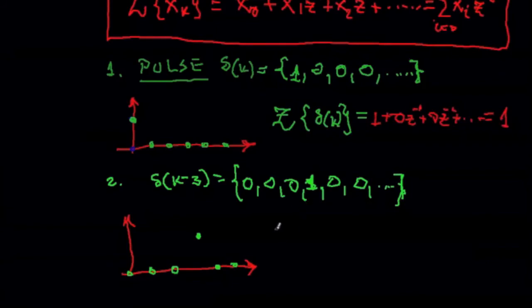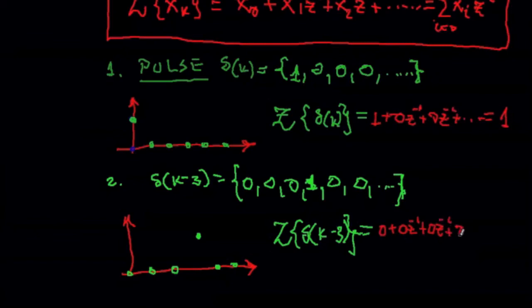Therefore, the Z-transform of delta k minus 3 becomes 0 plus 0 z minus 1 plus 0 z minus 2 plus 1 z minus 3 plus zeros and so on.